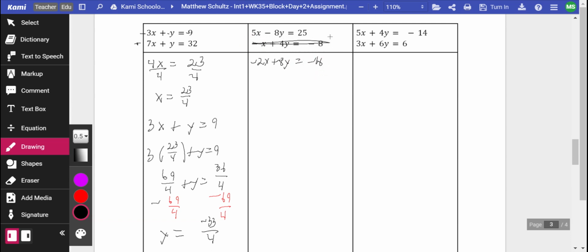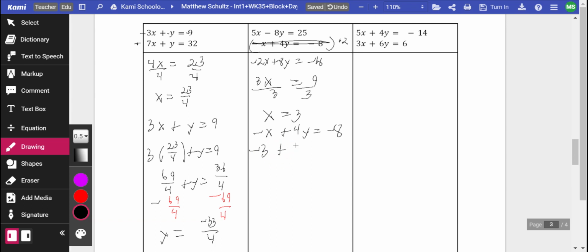So this will cancel out. I times it by 2. Okay, so if I add these, I'll get 3x, these cancel out, is equal to 9. Divide by 3 on both sides using the division property of equality. I get x equals 3. Done. Well, let's plug it into negative x plus 4y is equal to negative 8.